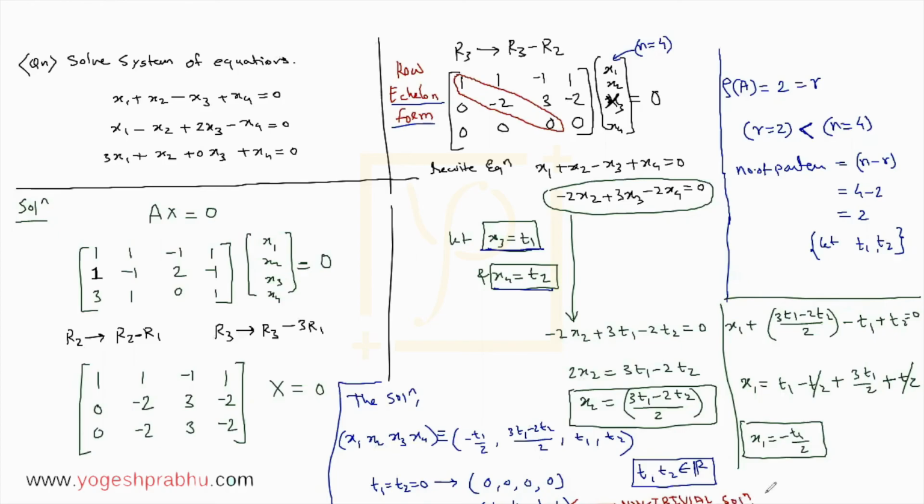And just remember that if you want to get a non-trivial solution, there is a condition. The condition is that R, the rank of A, has to be less than N, that is the number of variables. If this condition is met, you will get a non-trivial solution. And it's a good thing. A trivial solution is all zeros, right? Which is not something that is very useful. Instead, we prefer R to be less than N so that we get a non-trivial solution. I hope you followed this problem.